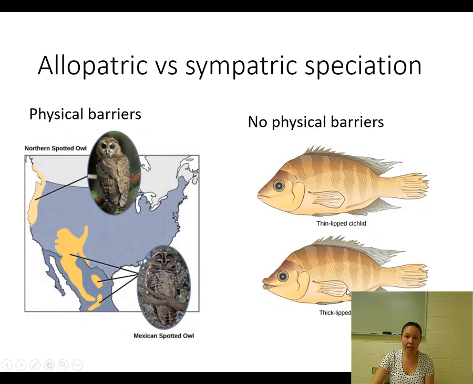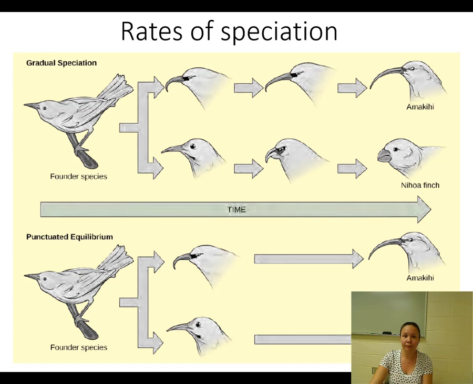That can happen, and it's very rare. It's called sympatric speciation. It's where a new species arises right in the midst of its parent population, the original population. So this new species is still in the same geographical location as the original population. There's no barrier, but it just became a new species due to a spontaneous genetic mutation. That can happen as well.